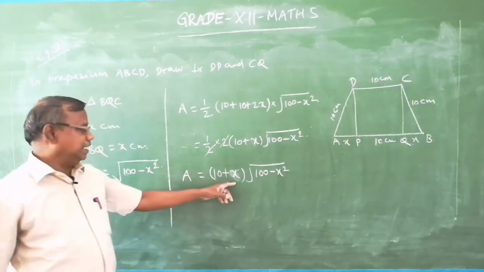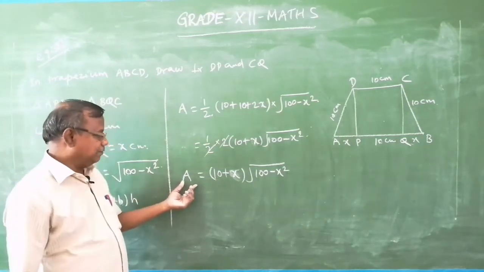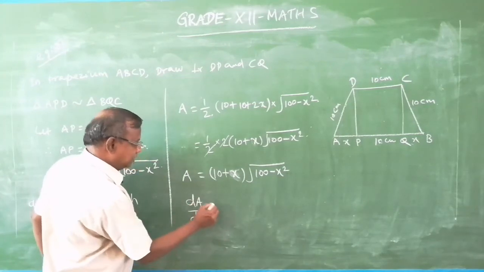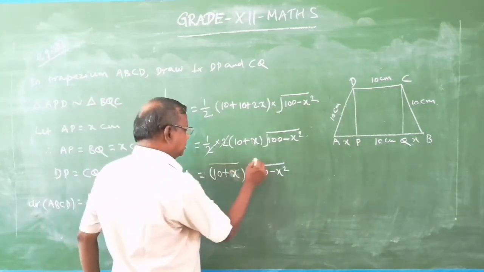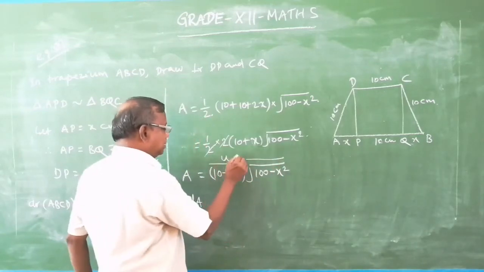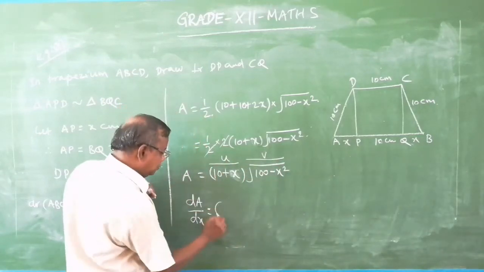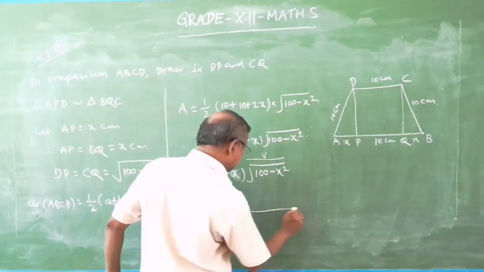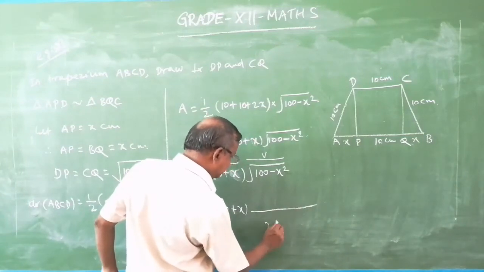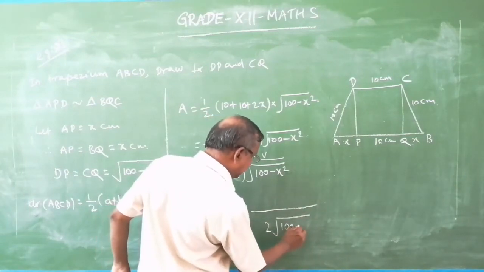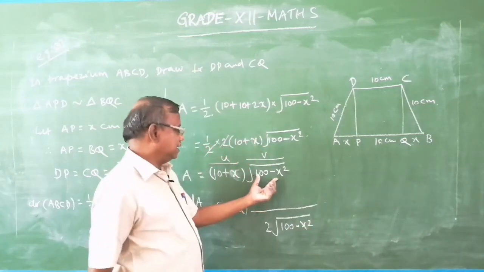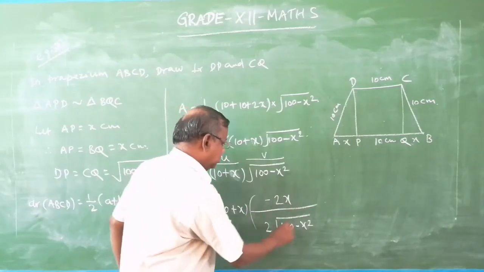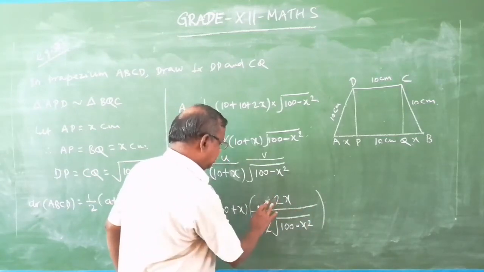A is a function in x. So we are differentiating A with respect to x, that is dA by dx equal to, this is a product of two functions, one is u, another one is v. First u, 10 plus x, differentiating v, this is 1 by 2 into root of 100 minus x square, and differentiating 100 minus x square, this is minus 2x.